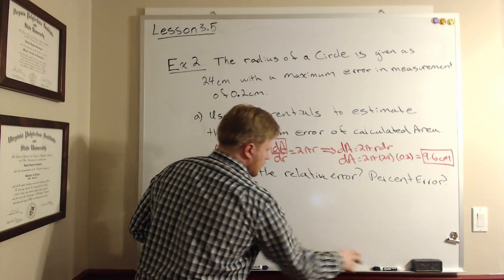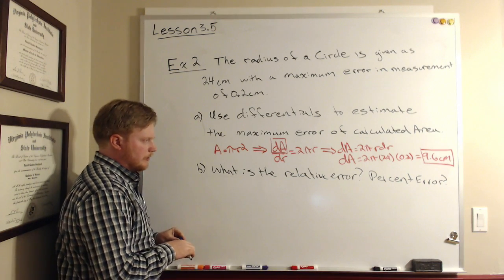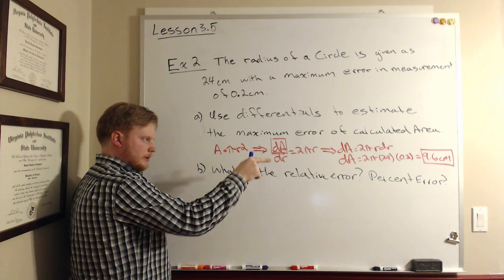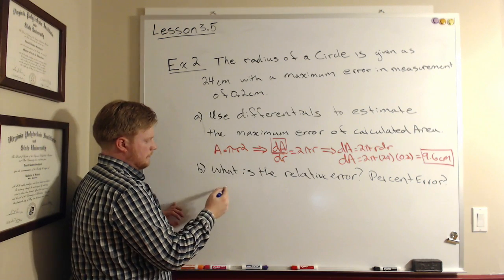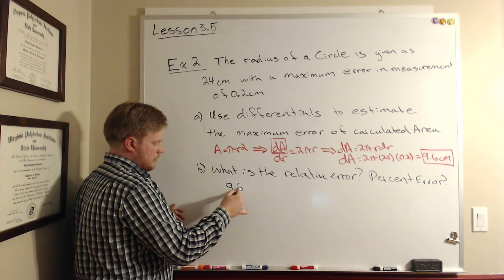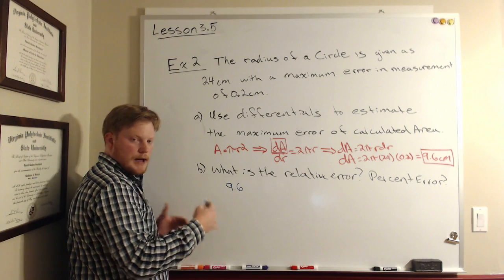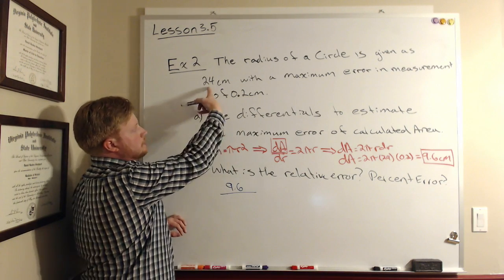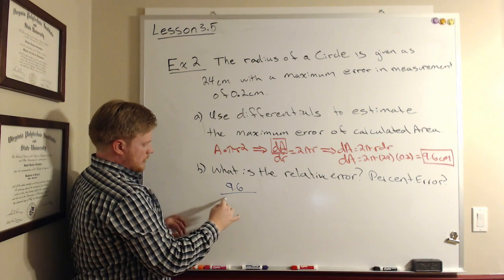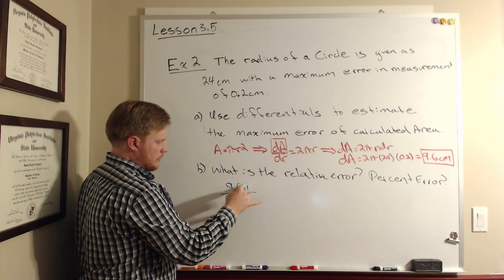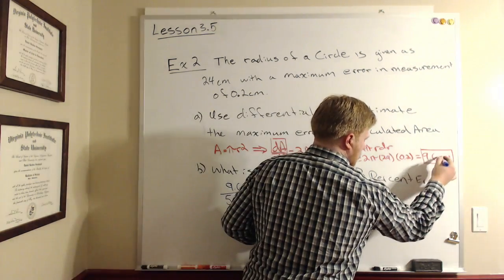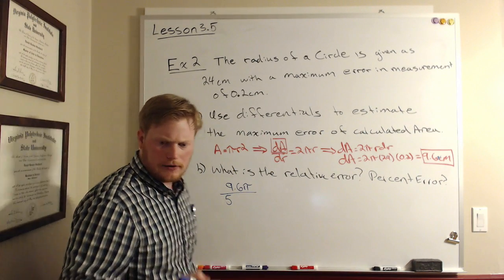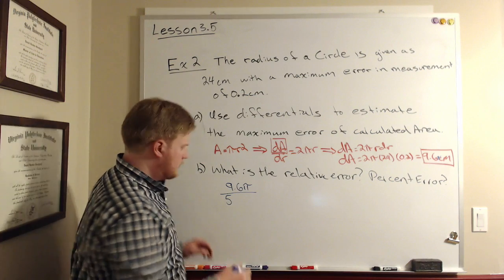So then the next part of this question asks us for the relative error. Okay, so we said the relative error was the estimate over the actual. So that's our maximum error divided by the actual area. If we used 24, I forgot my pi, it's 9.6 pi over, I think it's 576 pi.